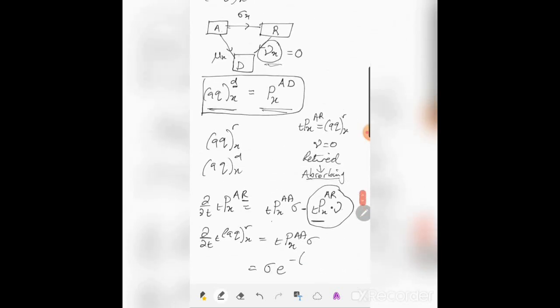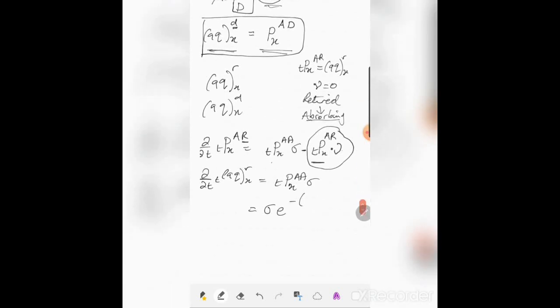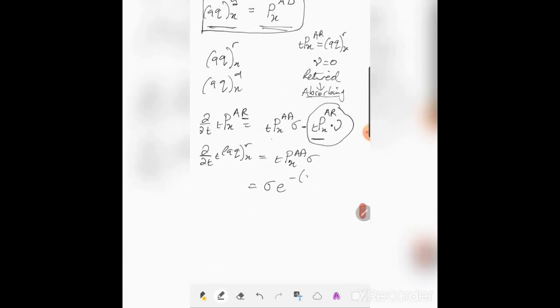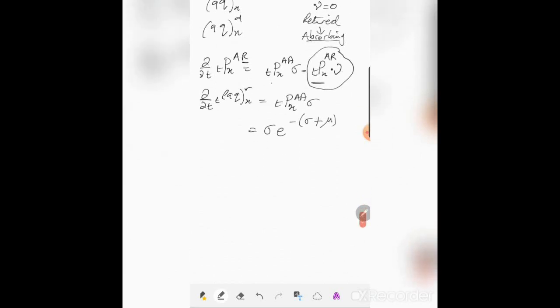So towards retirement, the intensity is sigma, and towards death it is nu. So I can write it as e to the power minus sigma times t. This whole thing comes out as sigma times e to the power of minus (sigma plus nu) times t.